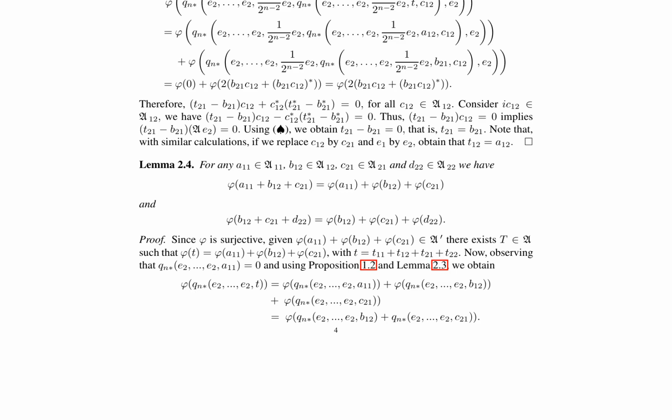The proof of lemma 2.4 is similar to that of lemma 2.3 and is omitted. The main theorem follows from these lemmas.